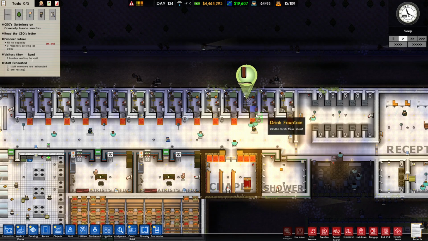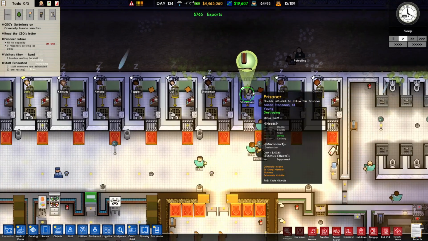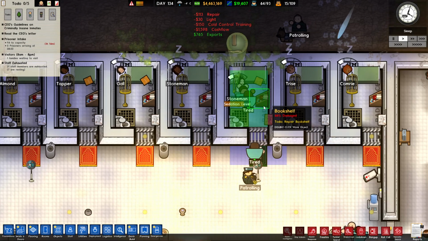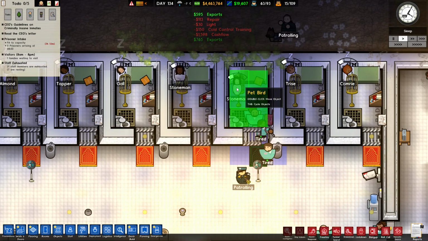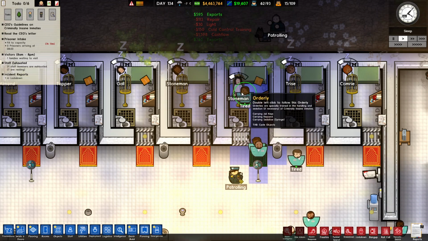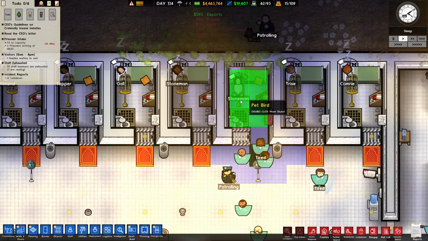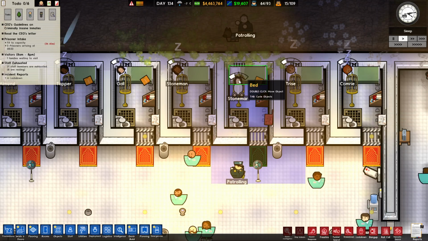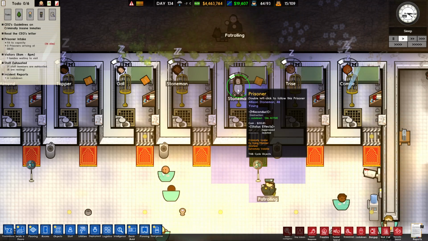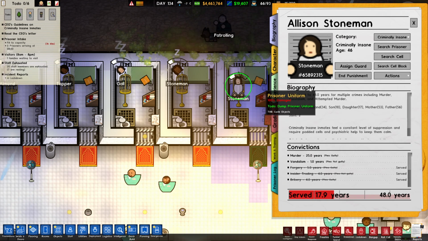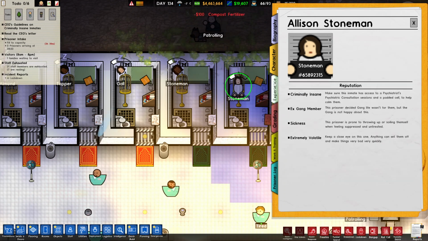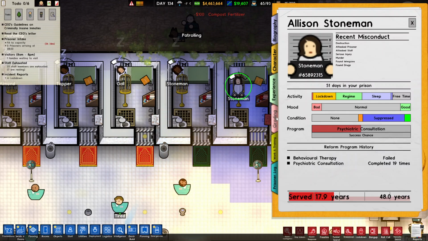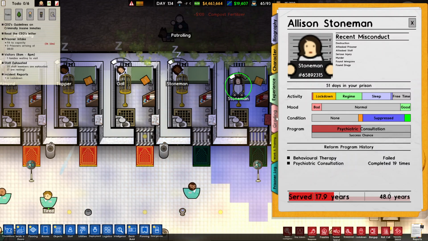Oh, somebody's lost control there. They got woke up and it's Stoneman again. Alright, so let's have a look at Stoneman if I can get off the bird cage. Oh, why did you do that? Well, we know you've got all of these. Just volatile, woke up annoyed at something. Don't know what.